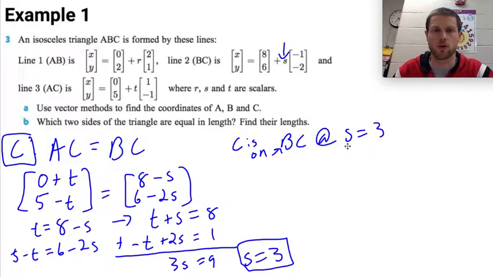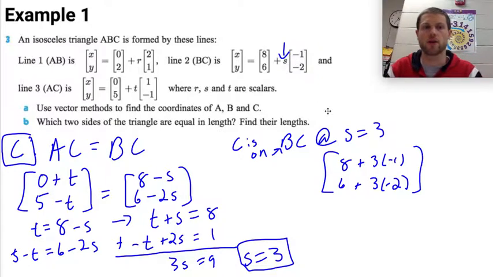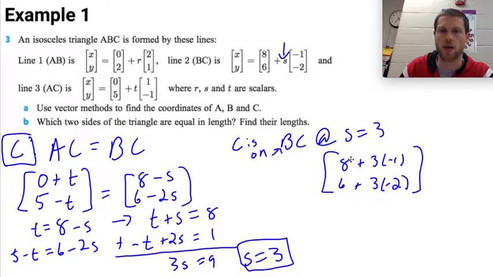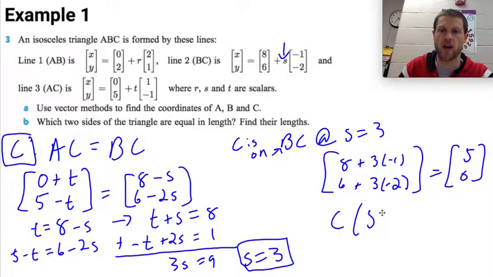So this is going to be 8 plus 3 times -1, and 6 plus 3 times -2. Plugging in s right here, that's going to give me 8 minus 3, so this is going to equal 5. And this is going to be 6 plus -6, which is 0. So the coordinate C is 5, 0.